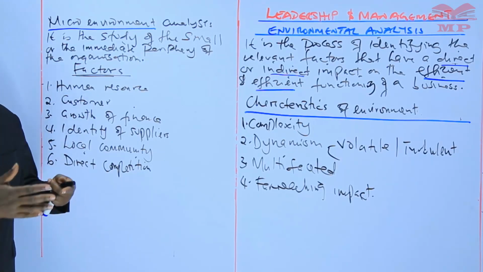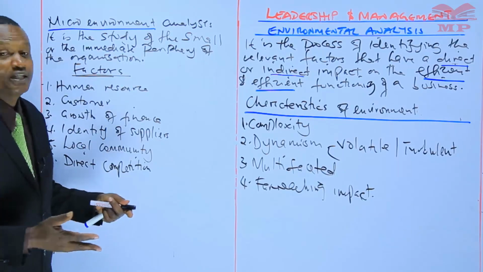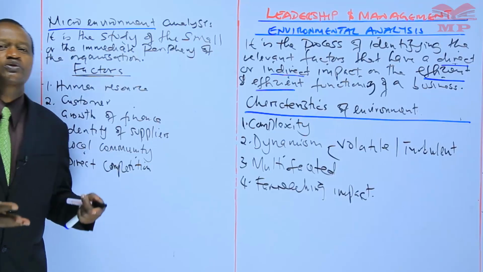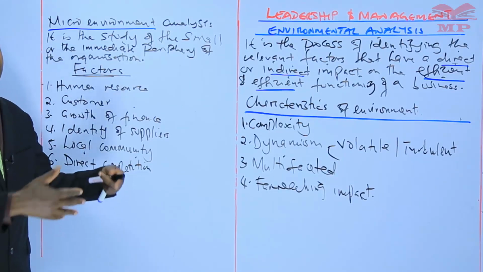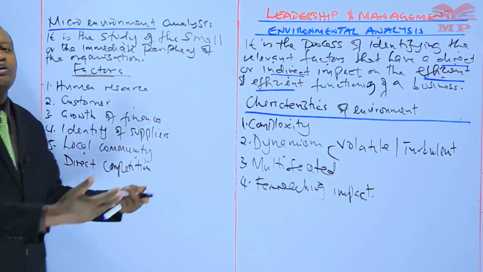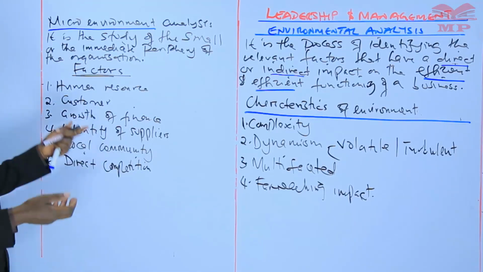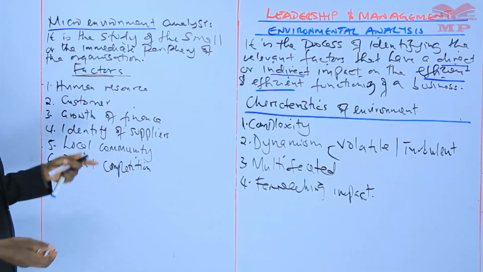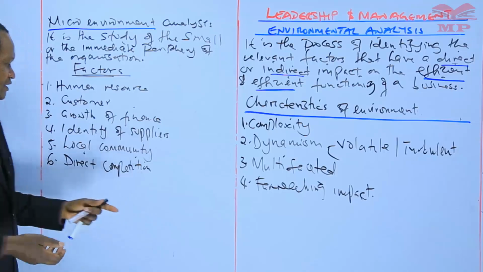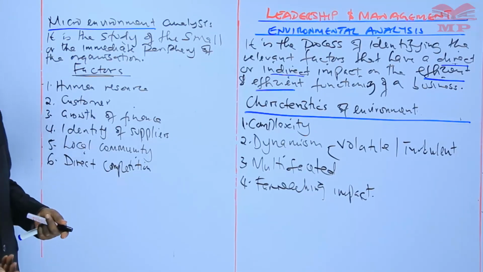This is just the operating environment. Microenvironment is the operating environment, which consists of an organization or a company's immediate environment that affects the performance of an organization. Customers, human resource, competitors, finances, suppliers, local community, direct competition, and so on.